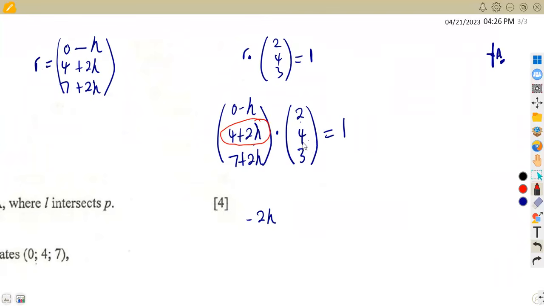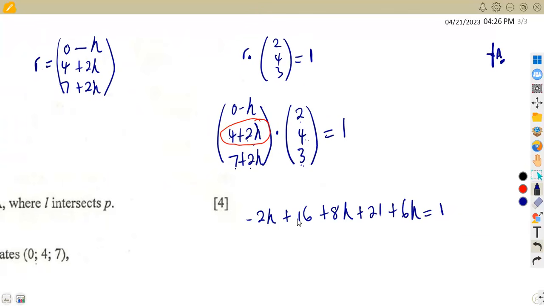So that's plus 4 times 4, which is 16, and 4 times 2, which is plus 8 lambda. We do the same thing with 3 and 7. So this is going to be plus 21, and 3 times 2 gives us 6 lambda, which is equal to 1.